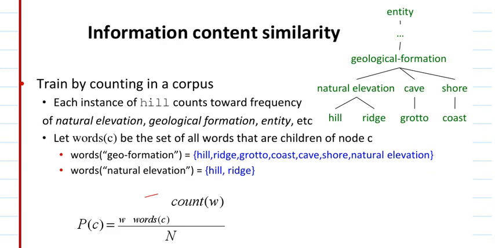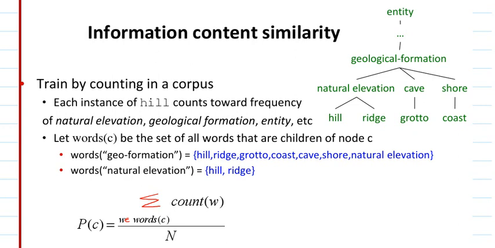So P(C) can be calculated as the count of all the words divided by the total counts, right? What we define here is that the words of a concept are the children of that particular node in the graph.